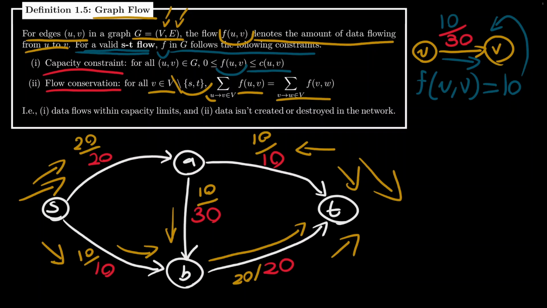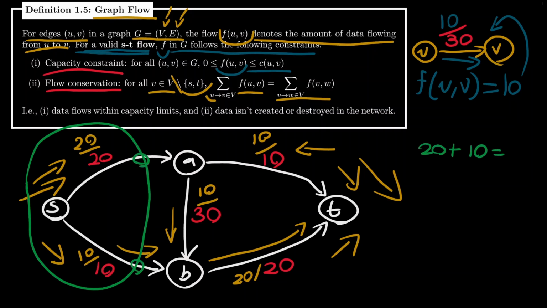So what does this mean? If we have the capacity cut here, this was 20 and 10 because of these cuts. So that's 20 plus 10, which is equal to 30.